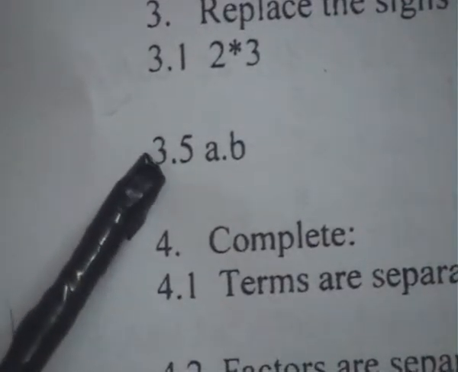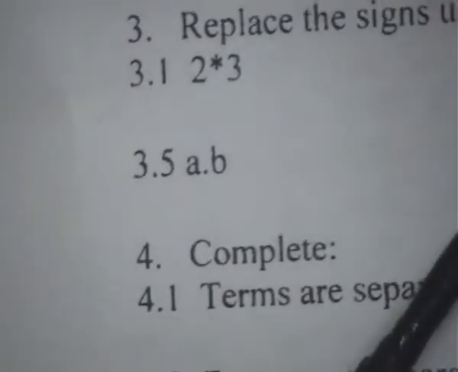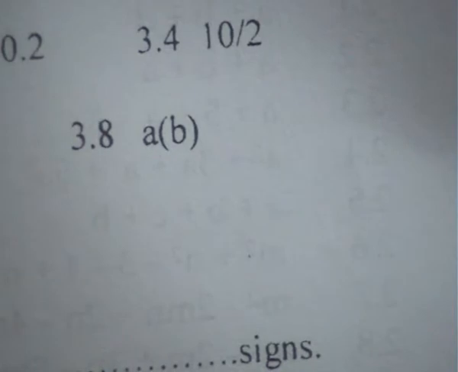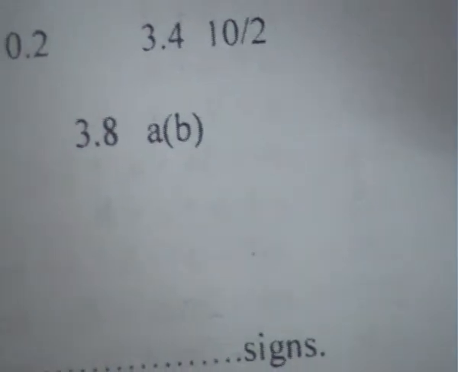Okay. 3.5, A dot B. 3.6, A/B. 3.7, A asterisk B. 3.8, A bracket B. So remember, in number 3 you got to replace the signs by another sign which means exactly the same.